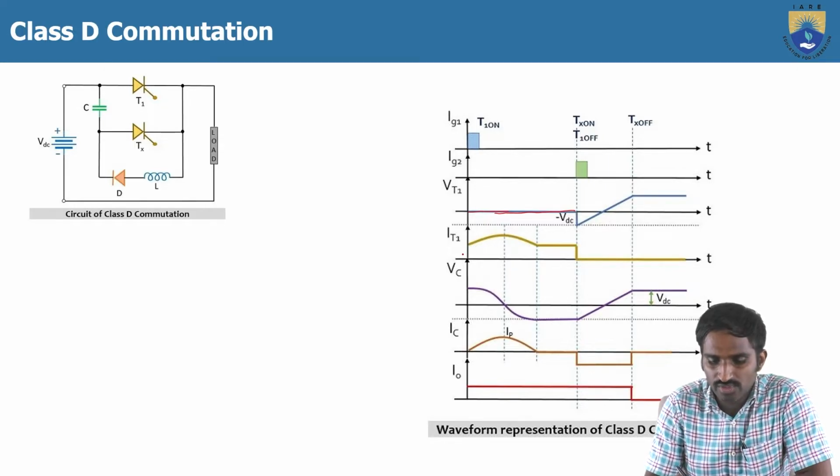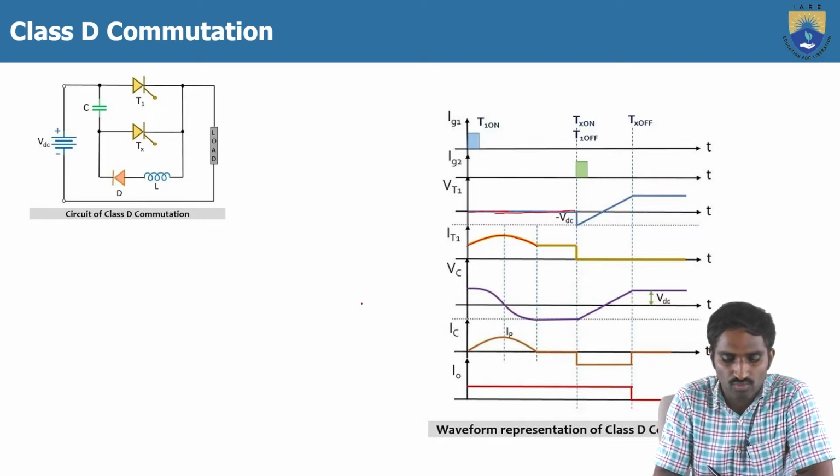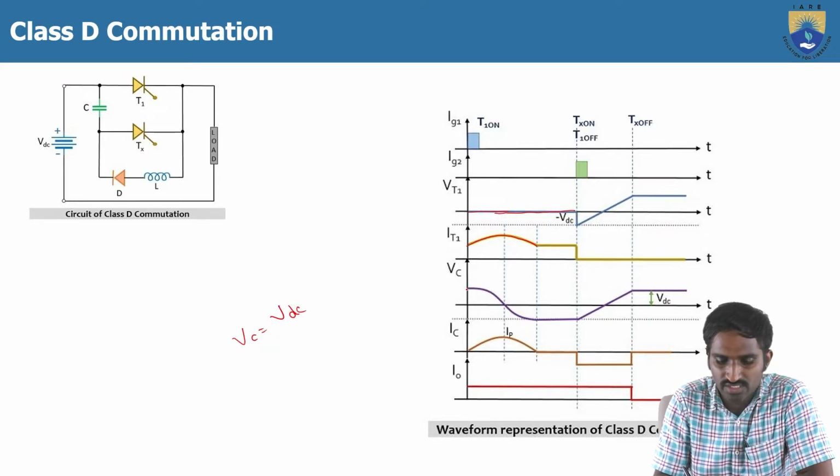Then the current flowing through the thyristor T1 is going to increase. Then the voltage across the capacitor: initially, as we have considered, the capacitor is fully charged, which means the voltage across the capacitor Vc is equal to Vdc.